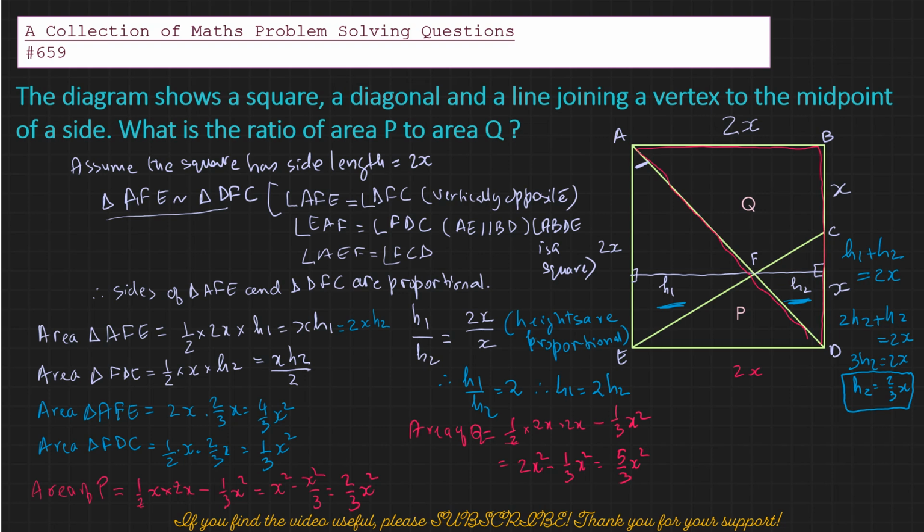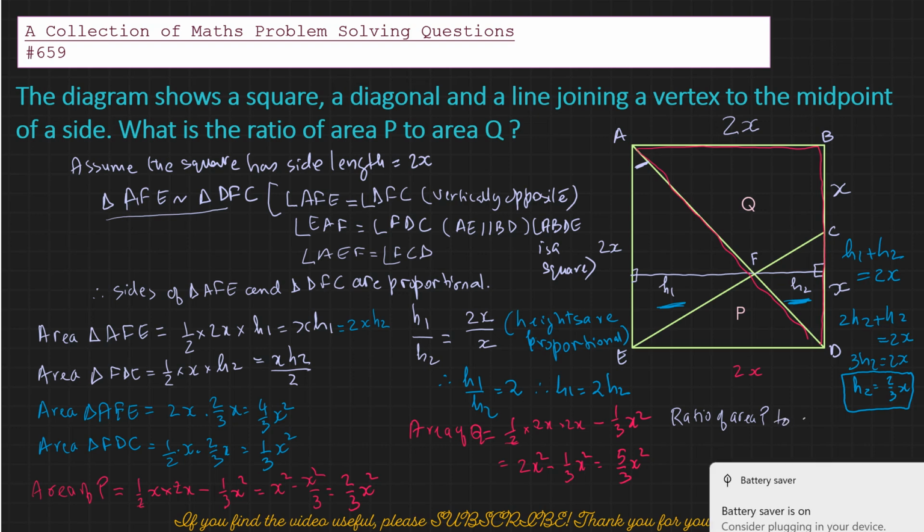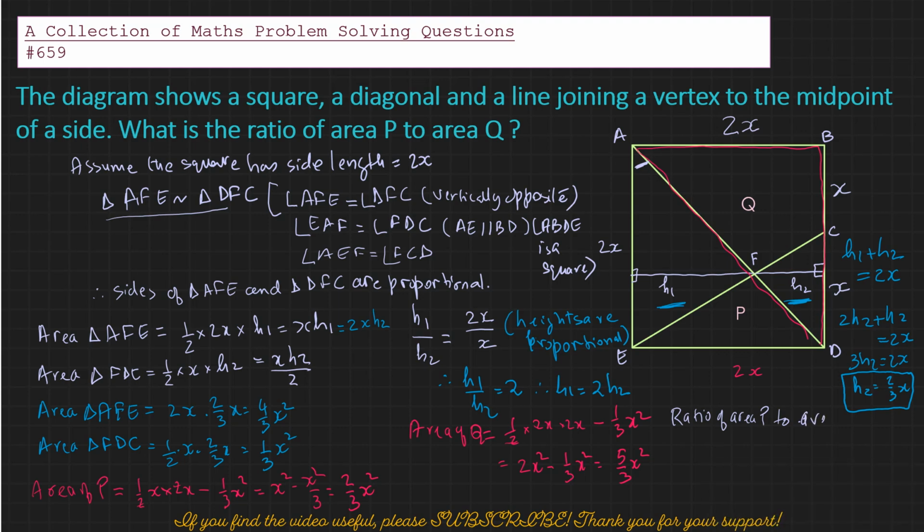Therefore I'm going to write my final answer: the ratio of area P to area Q is area P divided by area Q. I can write it as 2/3 x squared divided by 5 out of 3 x squared, that is 2 out of 3 x squared times 3 out of 5 x squared, and if I cancel the x squared and the 3, that gives me 2 out of 5.